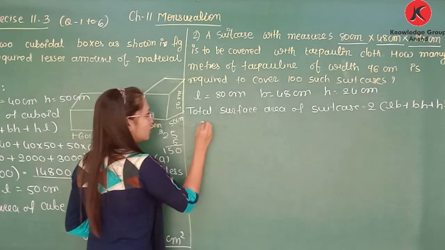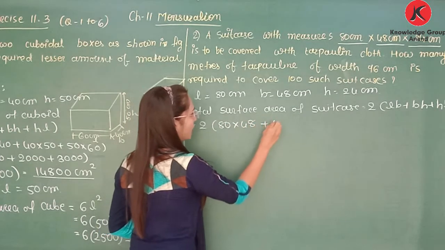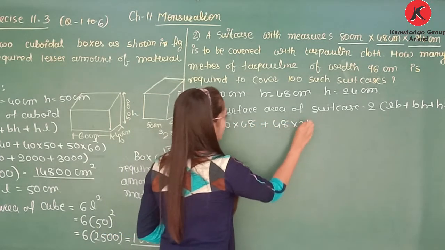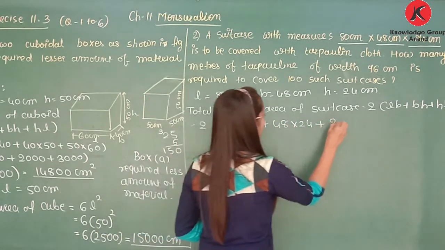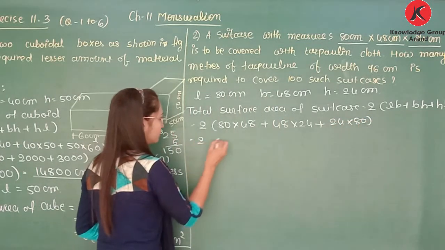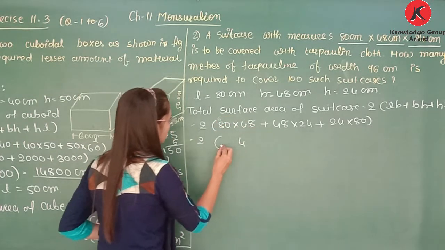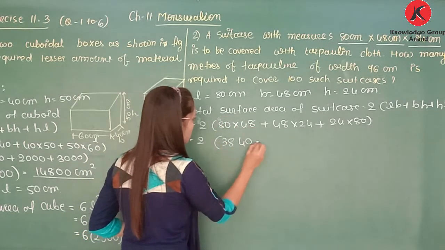So here length is 80, breadth is 48, 80 multiply 48 plus 48 multiply 24 plus 24 multiply 80. So that is 3840.